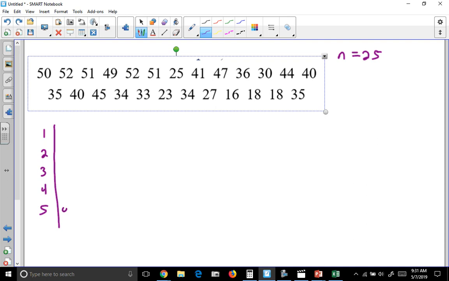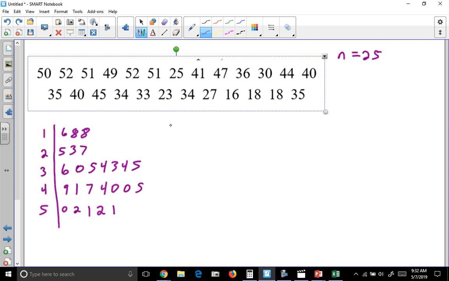So a 50, a 52, a 51, a 49, 52, 51, 5, 41, 47, 36, 30, 44, 40, 35, 40, 45, 34, 33, 23, 34, 27, 16, 18, 18, and 35.